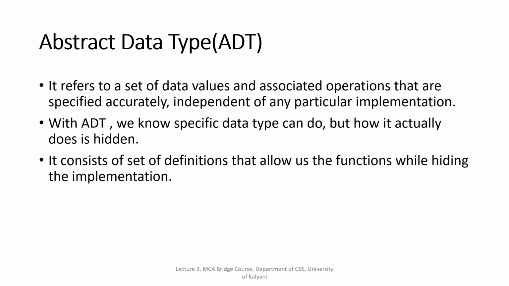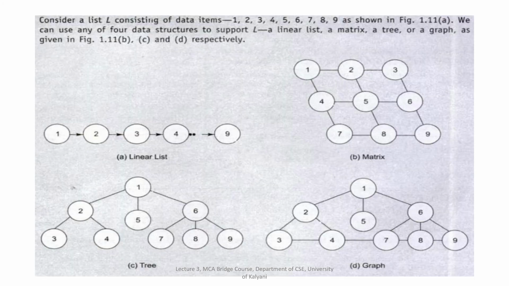When we represent different complex data with different structure and provide the operations that exist within the structure, then that type of arrangement is called the abstract data type. So if I create a data type called linked list, then that would become an abstract data type. Matrix is also an abstract data type.